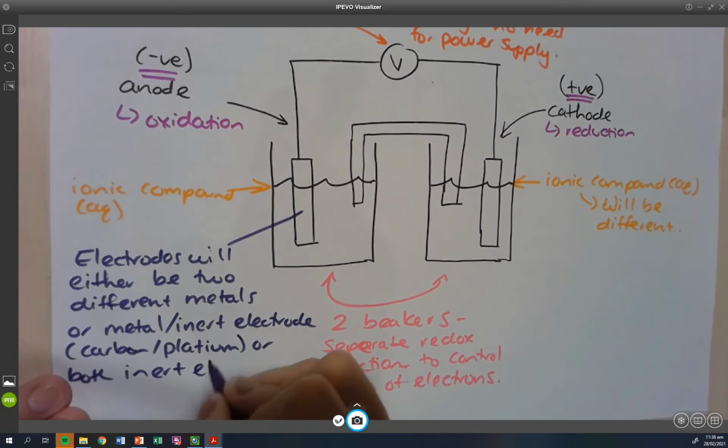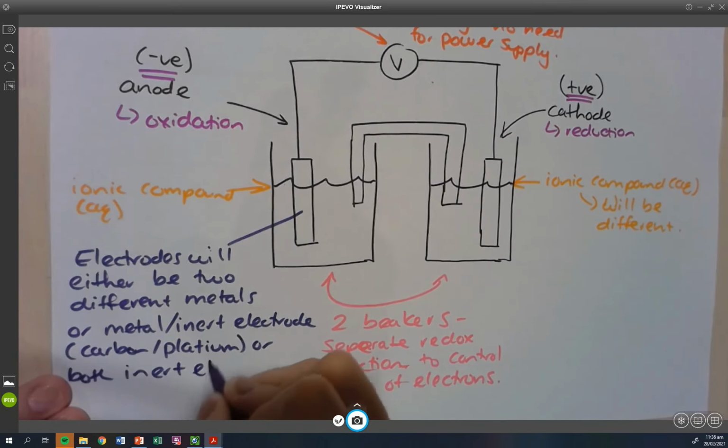as a general principle. Again, it really depends on what the reaction is, but in most cases, what we're going to be talking about is 2 different sets of metals and their ions. One more piece of the puzzle that I need to talk about is this salt bridge.